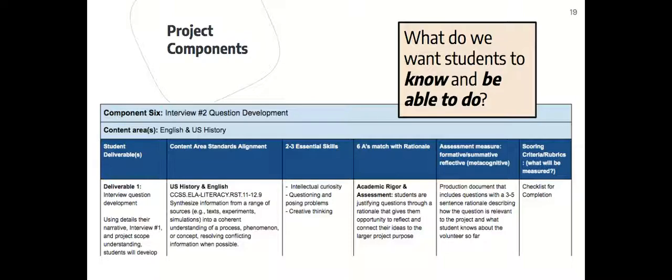That's the mode by which teachers will be assessing that deliverable. And within that, the scoring criteria or the rubric is, in this case, a checklist.